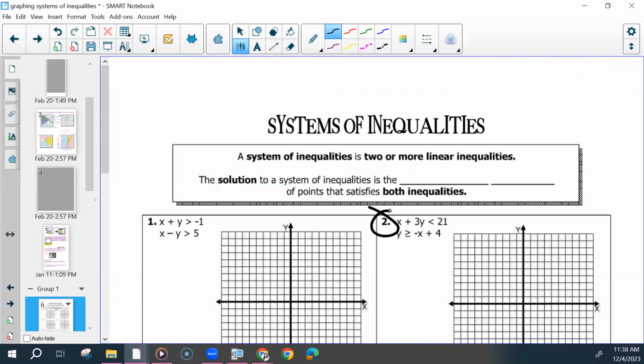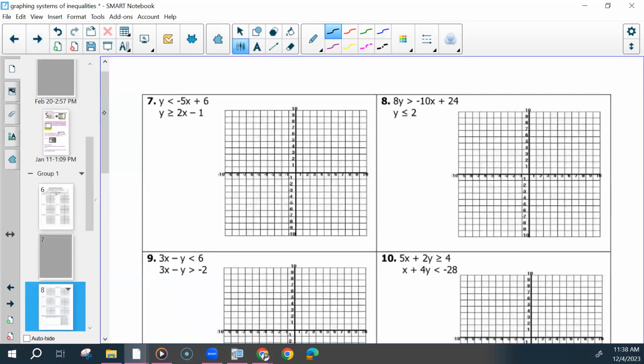What about the back of this page? All right. We're going to do these two and then you'll have time to practice.